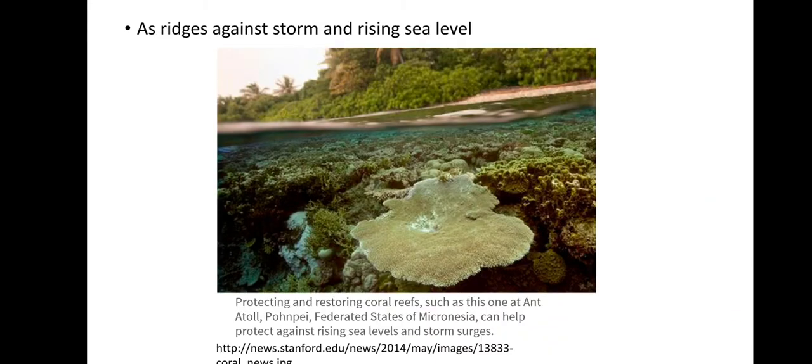And most importantly, in the ecosystem, they act as ridges against storms and the rising sea level. They act as natural barriers, a barrier reef.